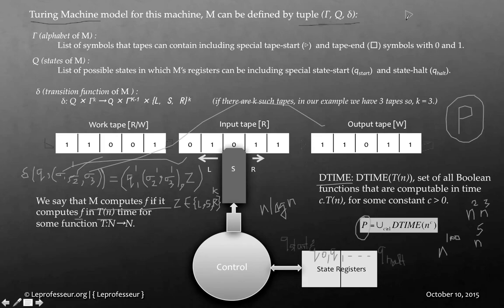We have the start symbol, we have stop or the end of the tape, and we have 0 and we have 1. So our alphabet here has only these symbols. That's it. Simple. And our computing machine is doing so many amazing things.